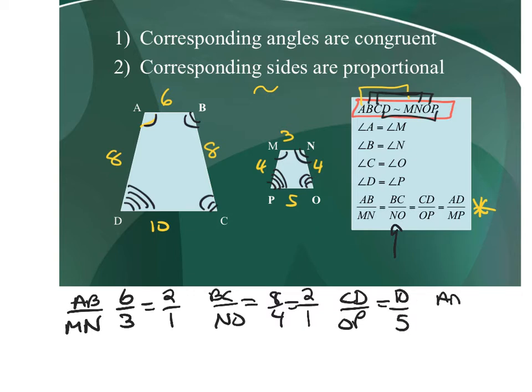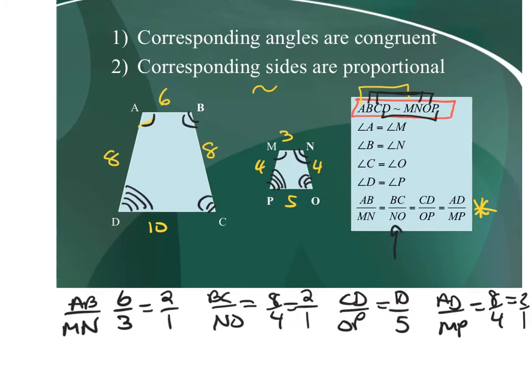And lastly, AD to MP, that's 8 to 4, or 2 to 1. The scale factor, which is going to be on the next slide, is what each one of these corresponding side lengths simplify to, the ratio. So the scale factor here is going to be 2 to 1.